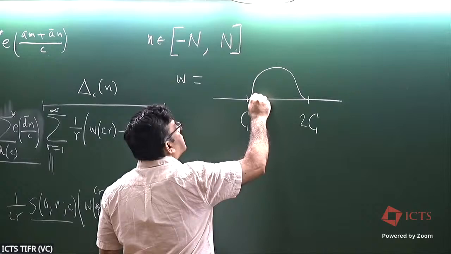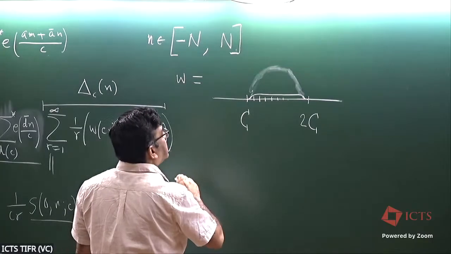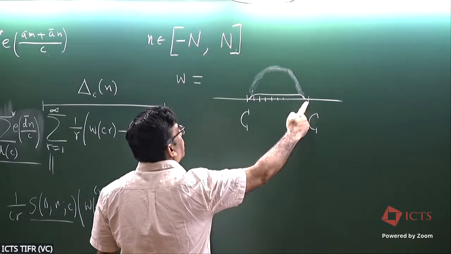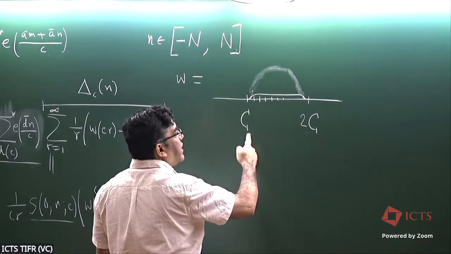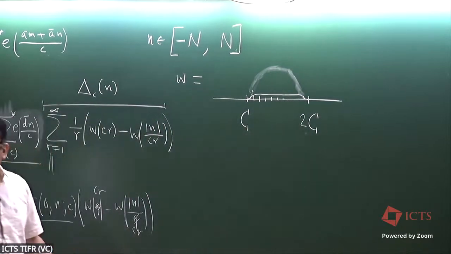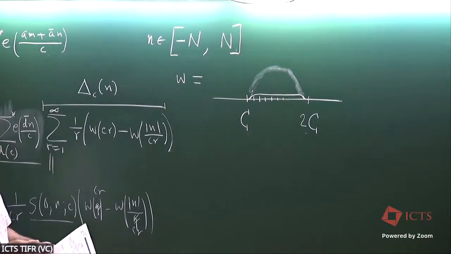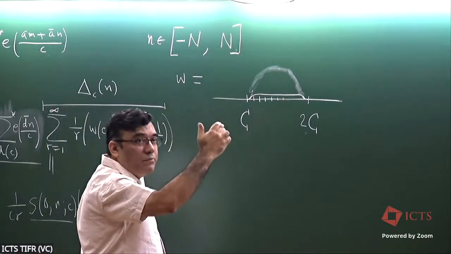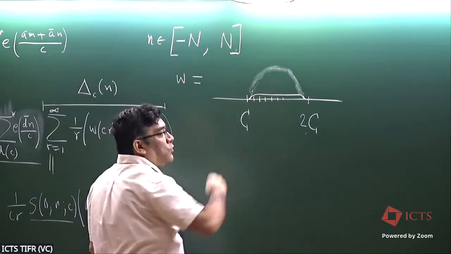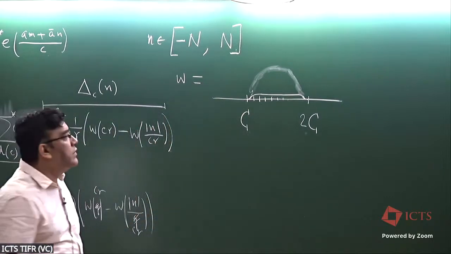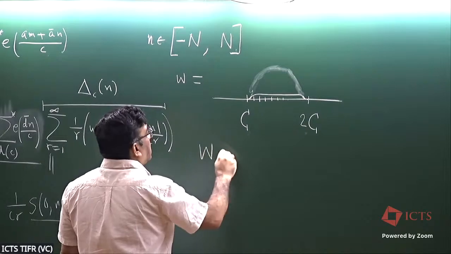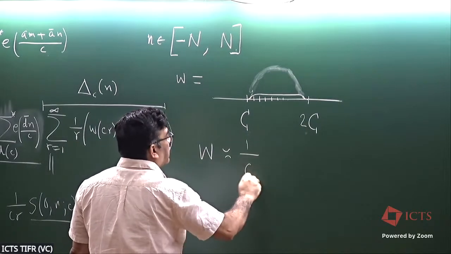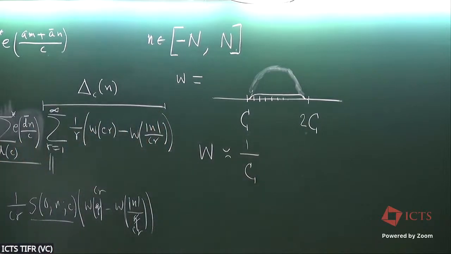So let's see. If you want to make the sum 1, and you have roughly capital C many integers in between, and you want it to not oscillate that much, you'll be taking the value to be 1 by capital C, basically. So roughly w is of size 1 by capital C, because you want the sum to be 1.